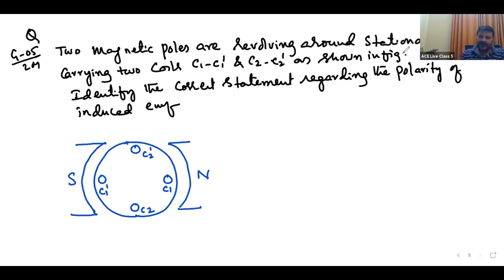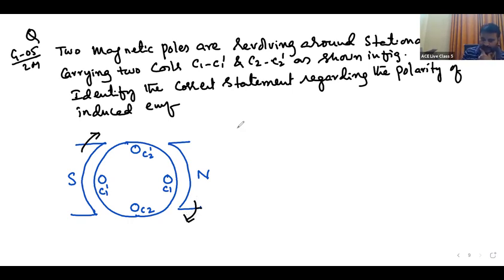Two magnetic poles are revolving around a stationary armature carrying two coils, C1, C1 dash, C2, C2 dash, as shown in figure. Identify the correct statement regarding the polarity of induced EMF. And poles are rotating in clockwise direction.